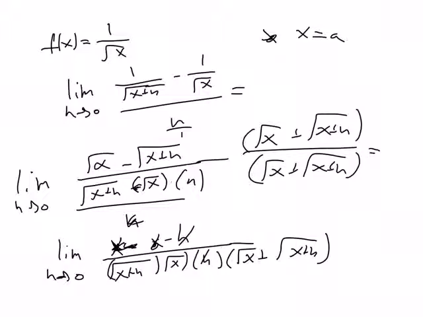And then when I send the h's to 0, I'm going to get negative 1 up here, over, all the h's go to 0, so this becomes square root of x times the square root of x, which is x, so it's x times square root of x plus the square root of x, so 2 square root of x.